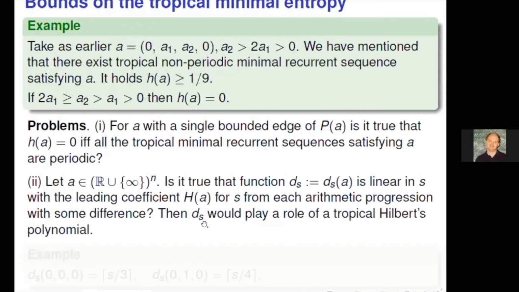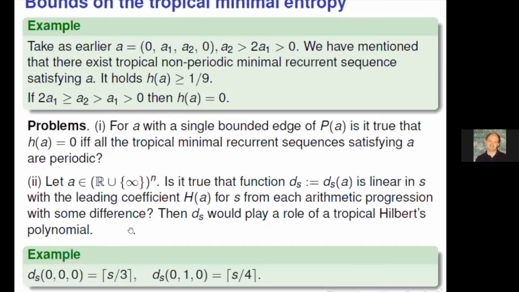And if that were the case, then we could say that ds would play the role of a tropical Hilbert's polynomial. Just two examples in which I was able to calculate it up to the end. Well, consider our already very familiar vector of 3 zeros.